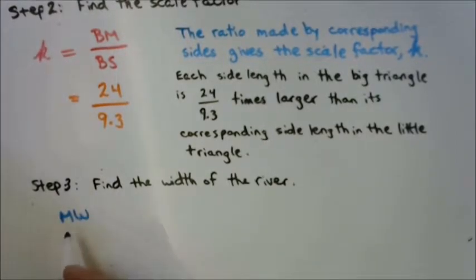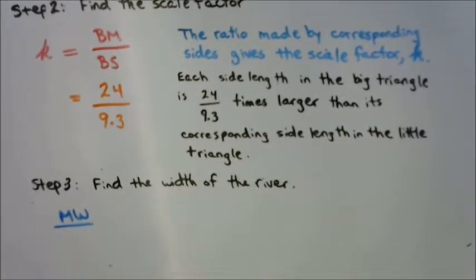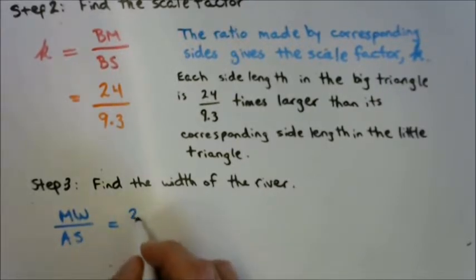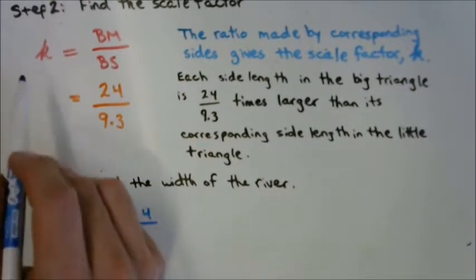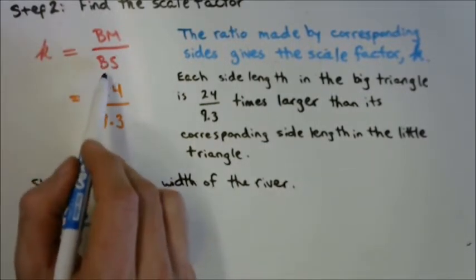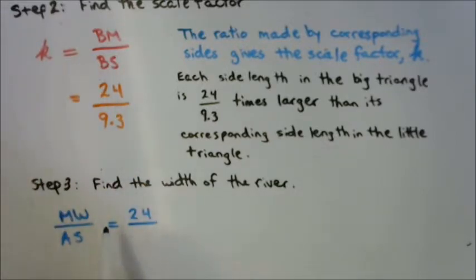MW shows the width of the river, and what is its corresponding side length? It corresponds to side length AS. And the ratio between these two is going to be equal to the ratio that we found out. It's going to be equal to K, right? If K is equal to this ratio, then K is also equal to this ratio.